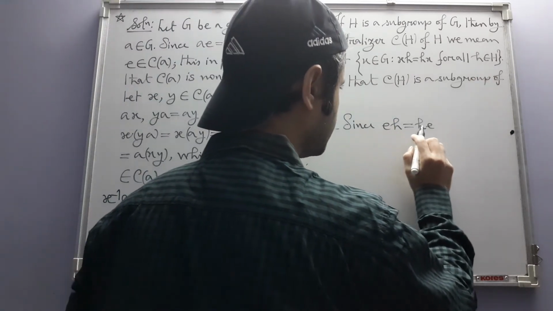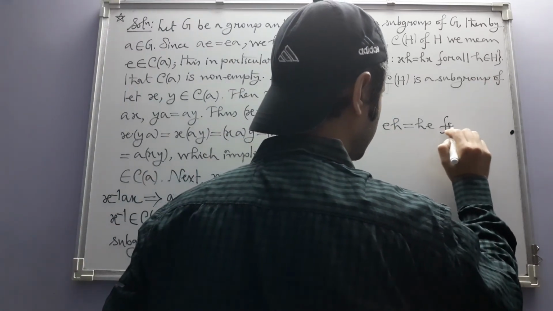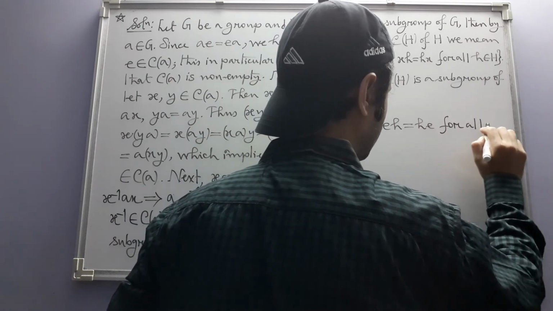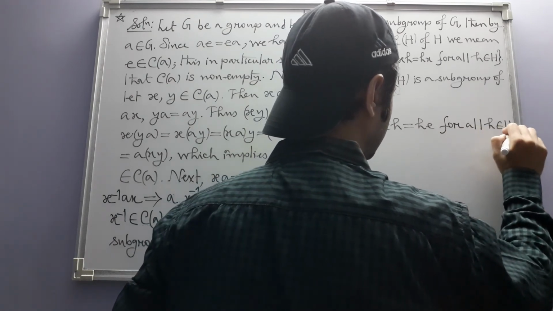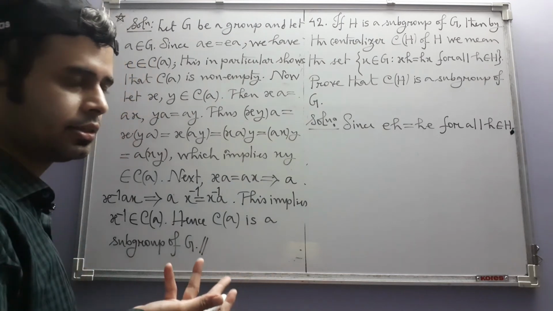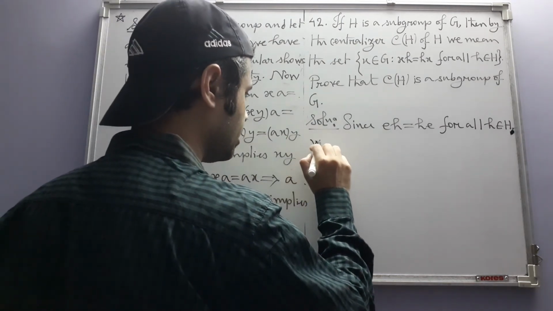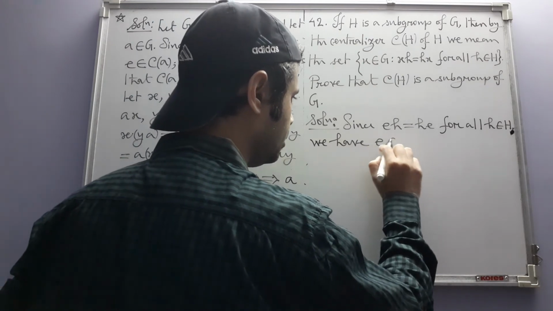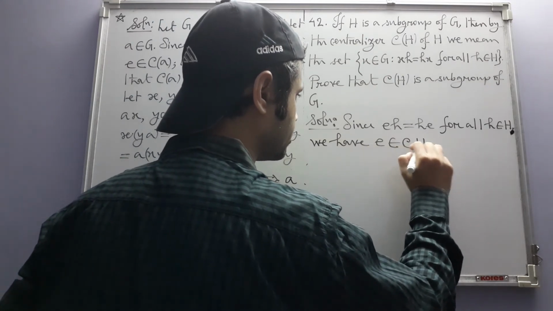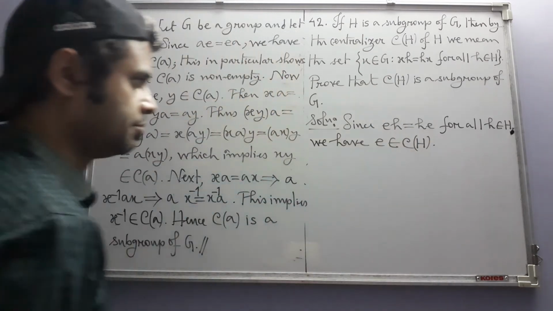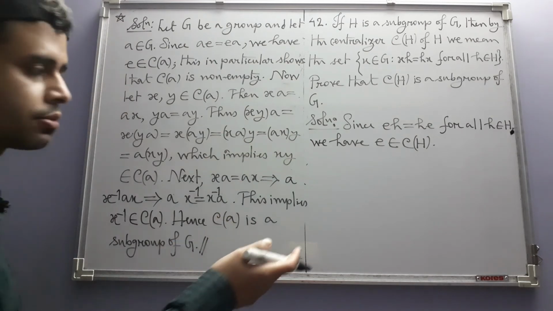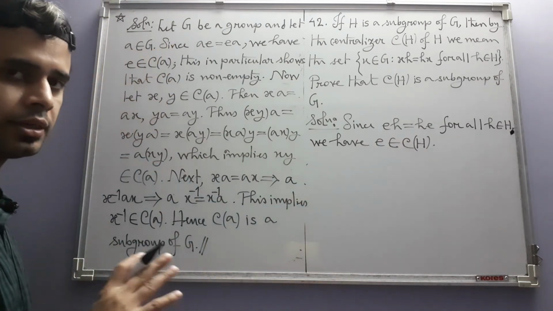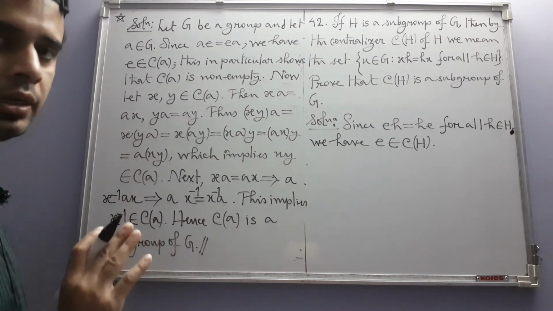Since EH is equal to HE for all h belonging to H, where E is the identity of G, we have E belonging to the centralizer of H. And this in particular shows that C(H) is non-empty.